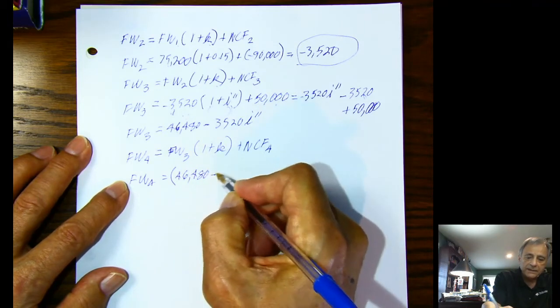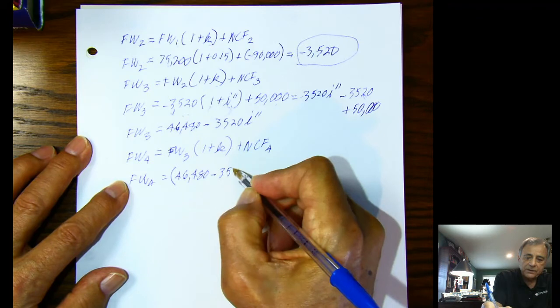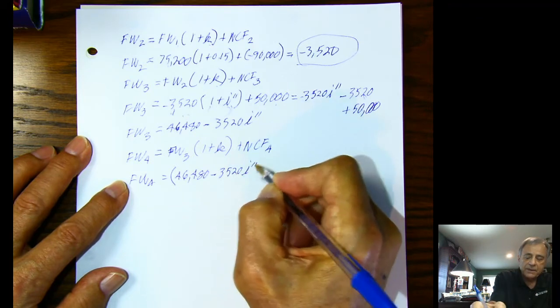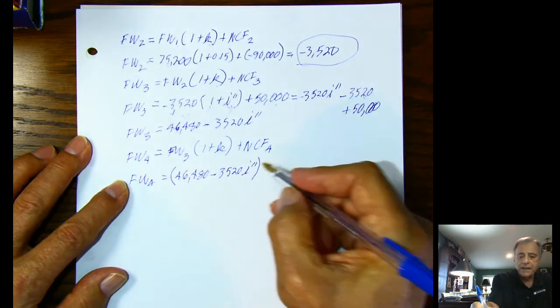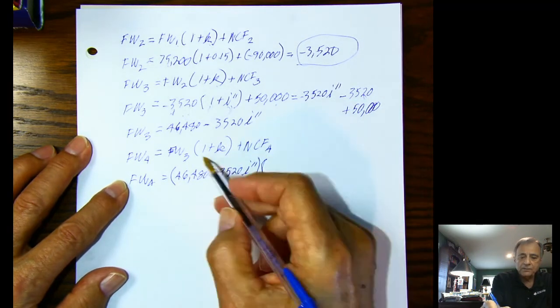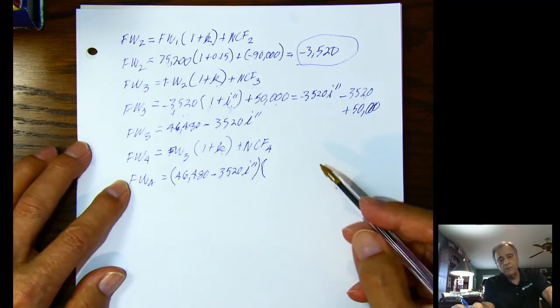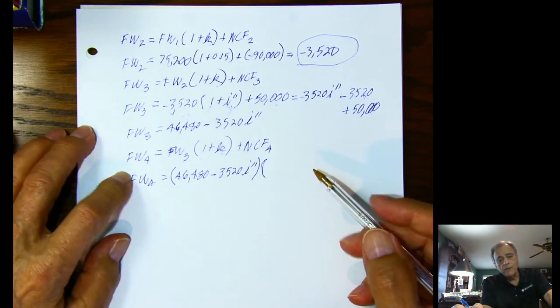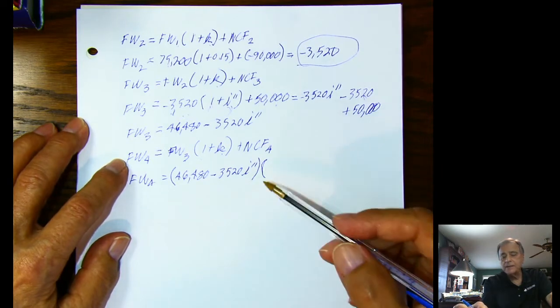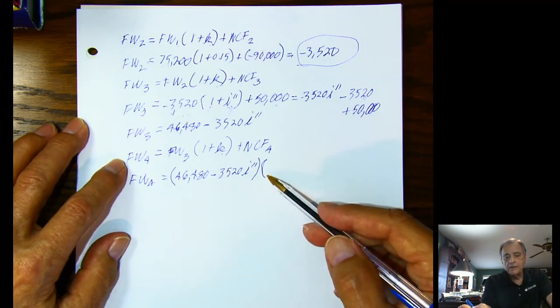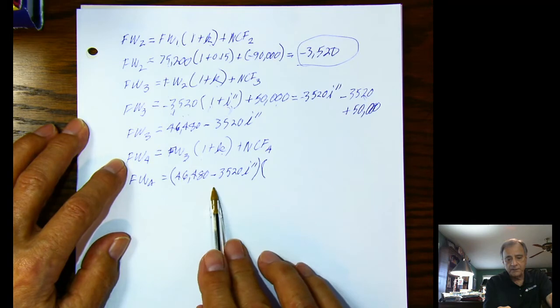46,480 minus 3,520 times i double prime is the future worth at time 3, and we're going to multiply that times 1 plus k. Well, k would be the reinvestment rate, i sub r, as long as this number's positive, recall.